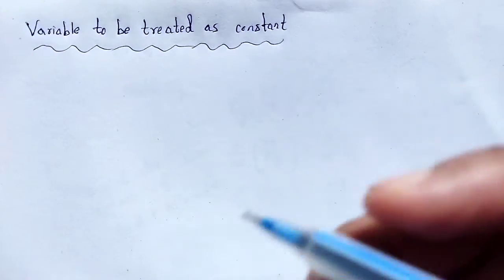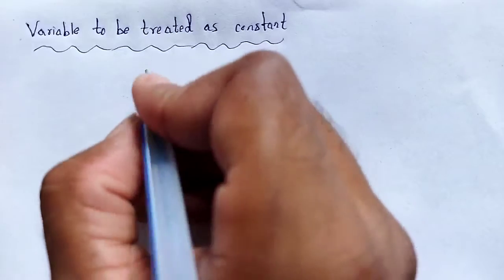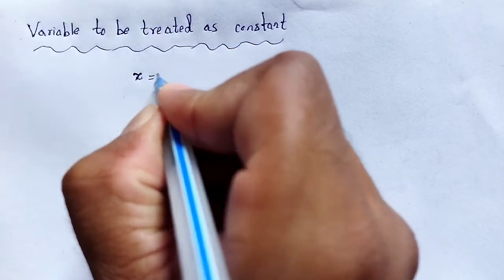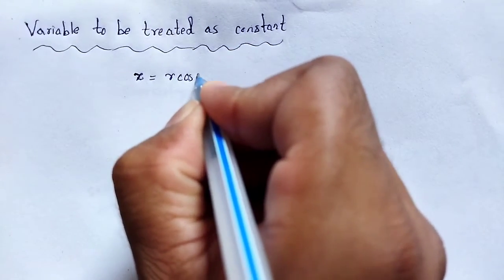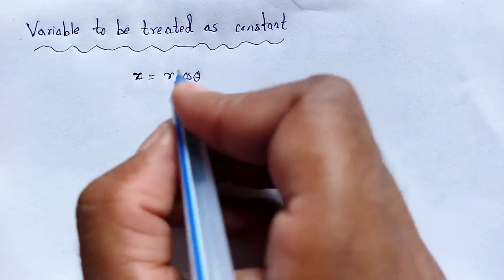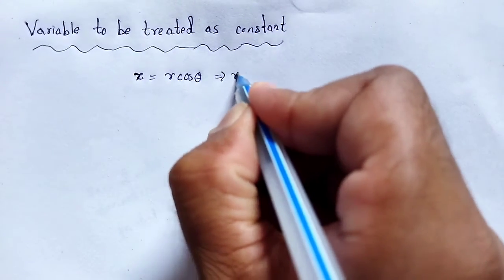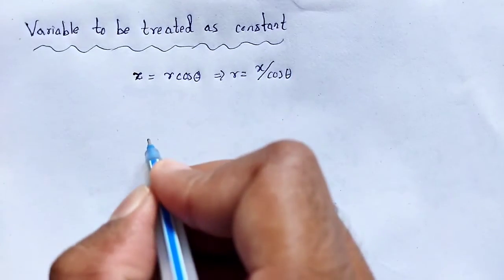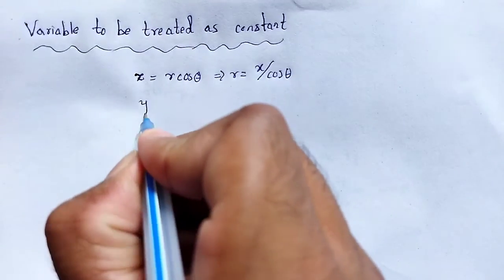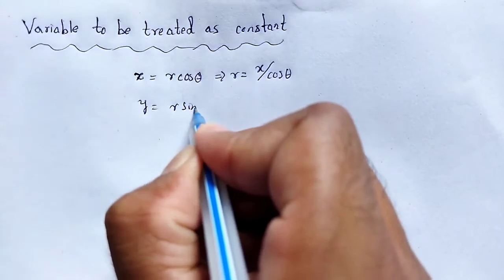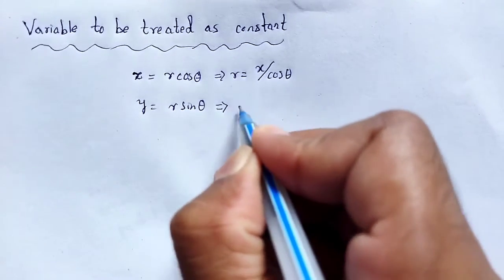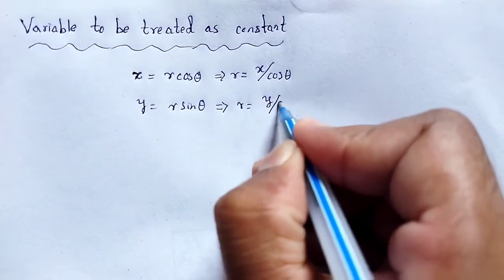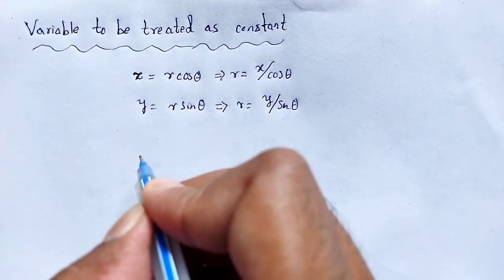If we consider polar coordinates, let x equal to r cos theta, that means r is equal to x by cos theta, and y is equal to r sin theta, that means r is equal to y by sin theta.